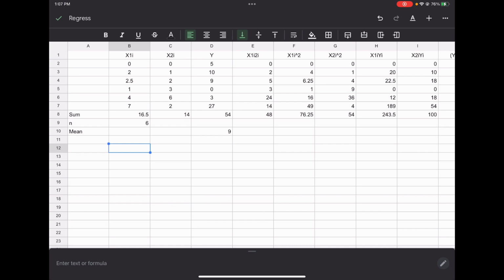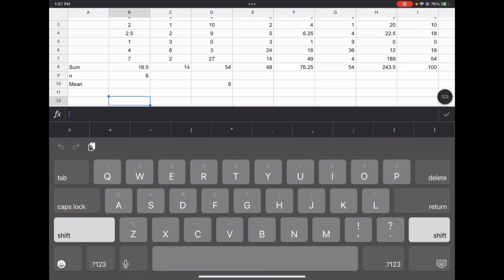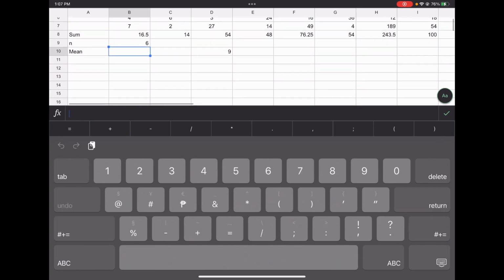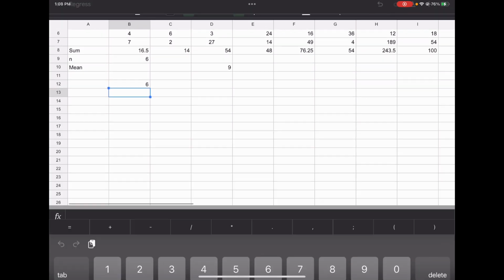So we start with n. So n here is this one, which is equal to 6.